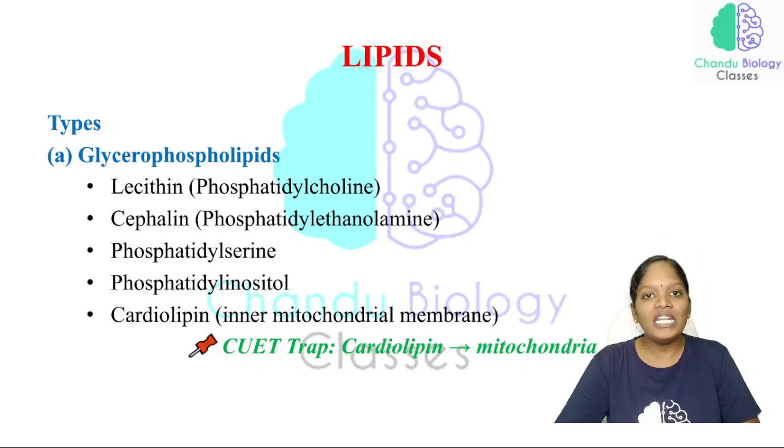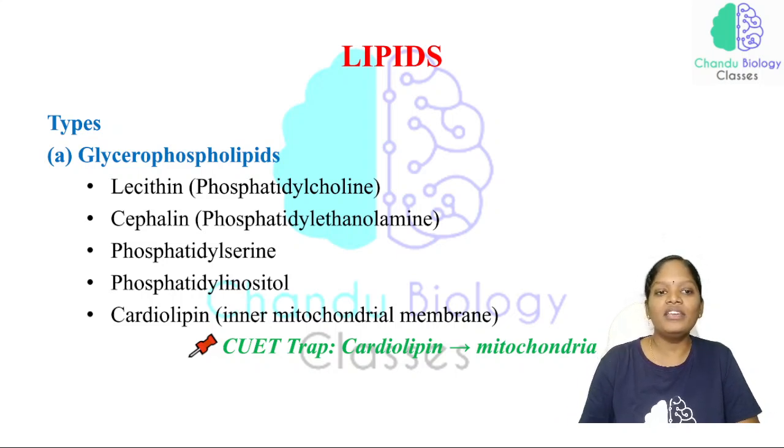Now, different types of phospholipids. The first type is the glycerophospholipids, which is again an umbrella term. There are different types of glycerophospholipids: lecithin, cephalin, phosphatidylserine, phosphatidylinositol, and cardiolipin.